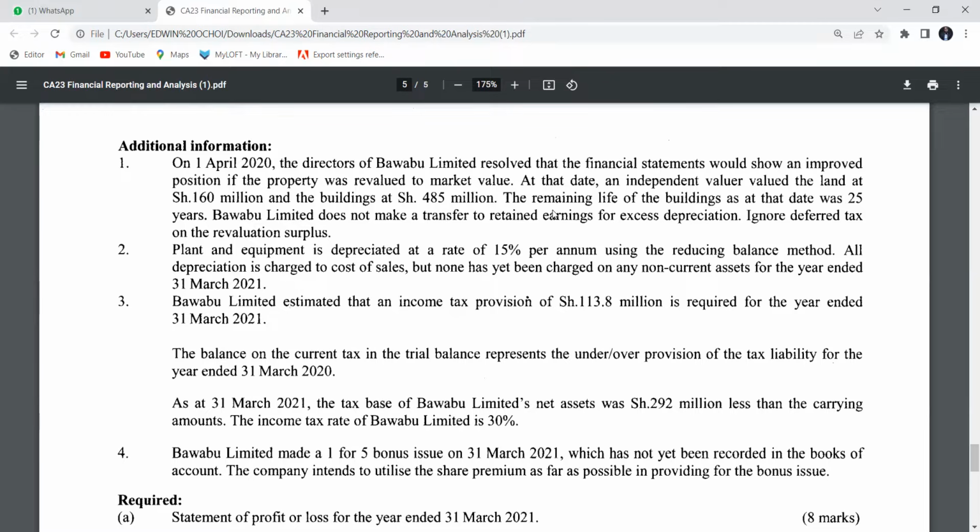Number 4, BAWAB Limited made a 145 bonus issue. But before you go to number 4, remember number 3, they are just talking about tax. This is where International Accounting Standard 12 is supposed to come into your mind. IAS 12 means accounting for income taxes. We did this. When you are making provisions, according to IAS 12, we are supposed to make provisions for the current tax and deferred tax.